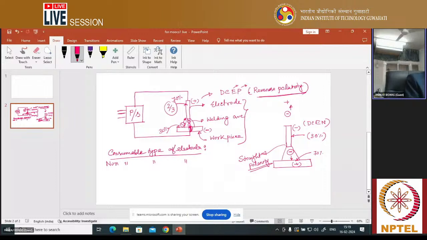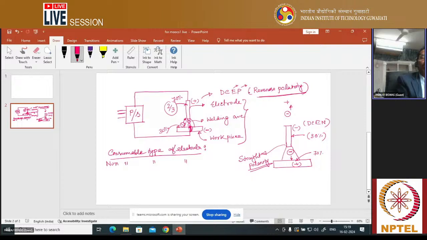So in case of a consumable electrode, you want your heat to be generated more in the electrode, because you want your electrode to melt. If more heat is generated in your electrode, more melting of the electrode takes place, and then you can get more droplet transfer also. You should keep this in mind.